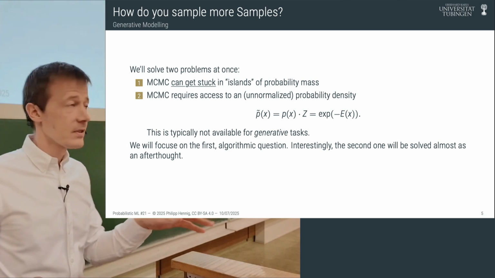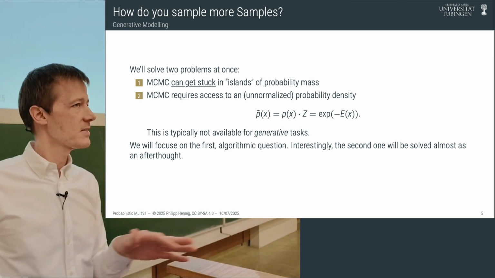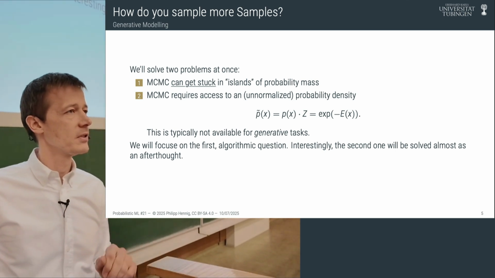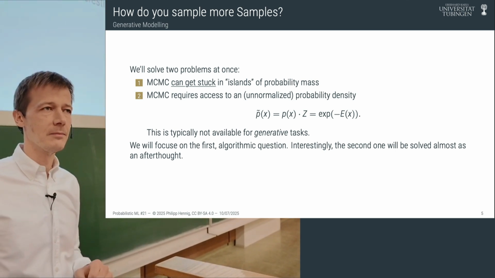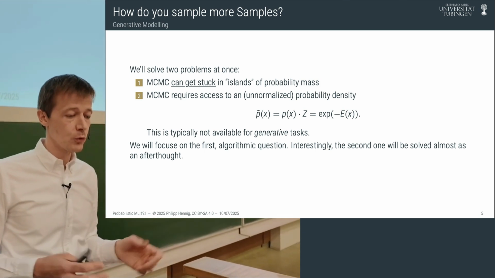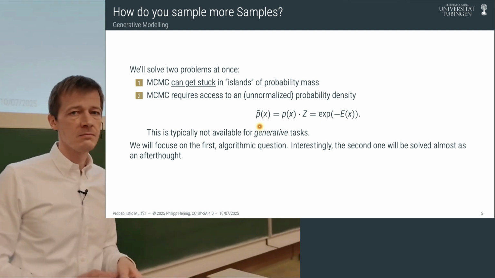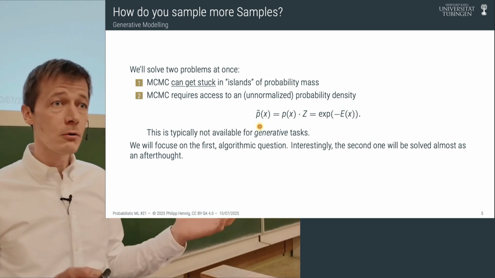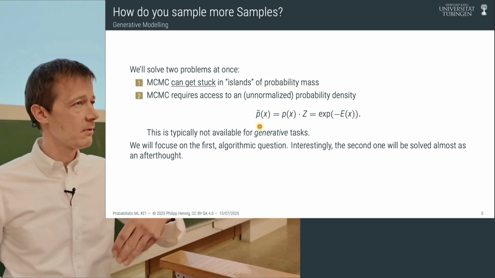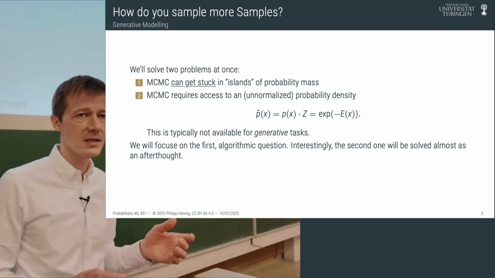We'll discover that we can address this problem in a super elegant way that, almost as a side result, will also address a completely different problem of Markov chain Monte Carlo methods, which is that they need access to the unnormalized probability density. In fields like probabilistic programming, where you write a program that defines probability measures, that may not be a problem. You may be able to evaluate these densities up to normalization.